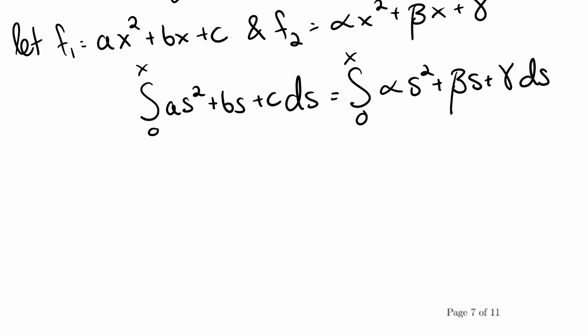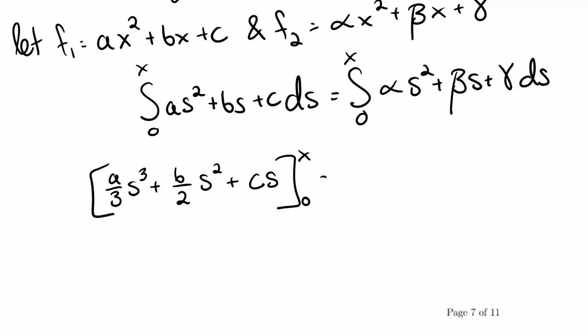All right, so we can actually take the integral of these, can't we? So what do we get? We get a over 3 s cubed plus b over 2 s squared plus c s, from 0 to x.